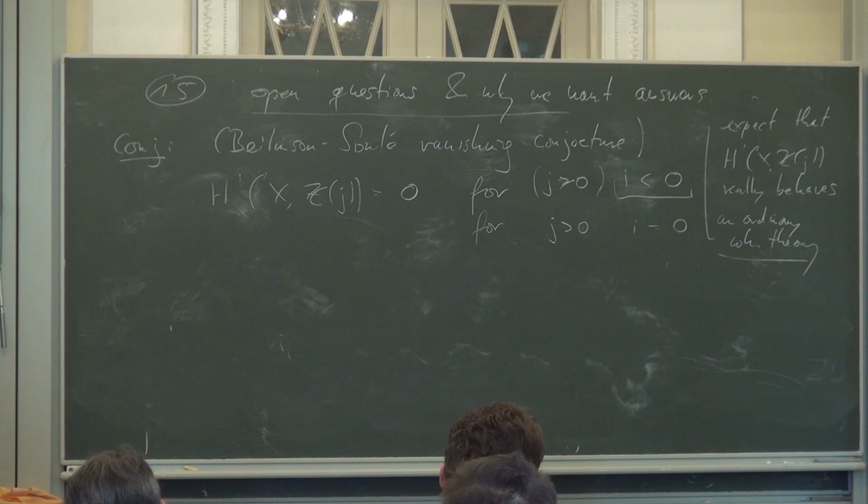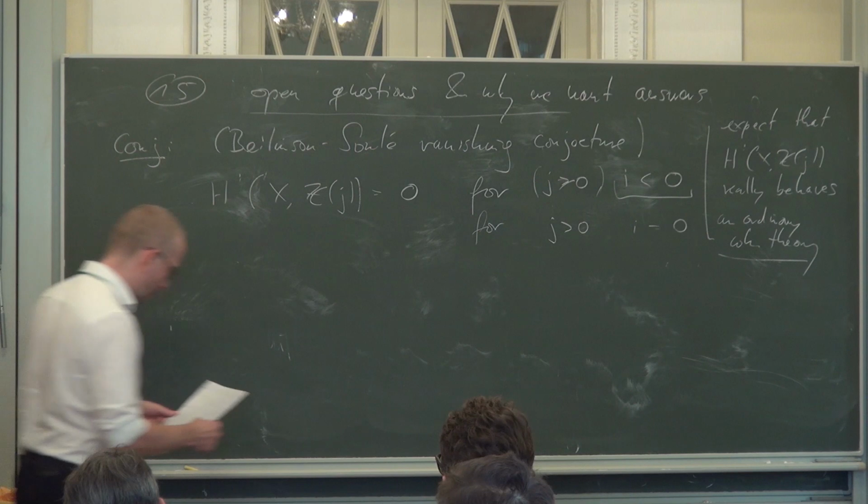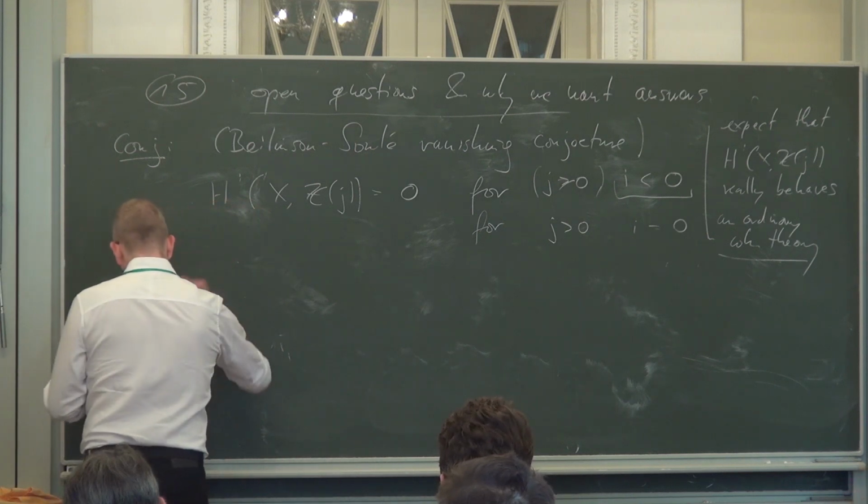But it's not just that we would expect these things to behave because we want them to be so close to topology. This conjecture also would have several significant implications.